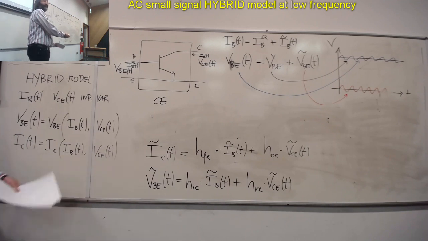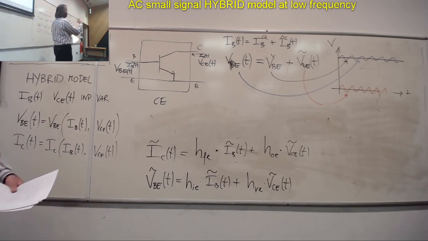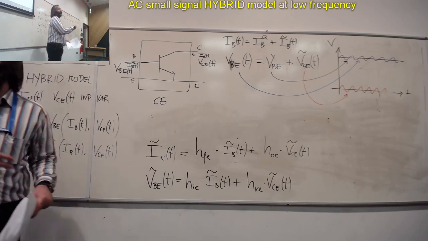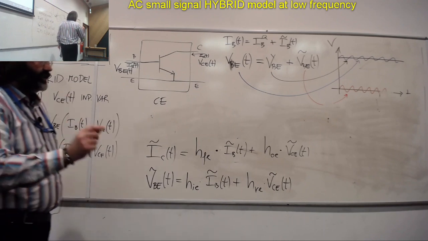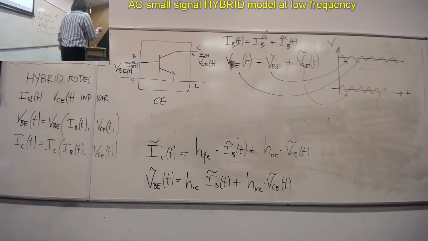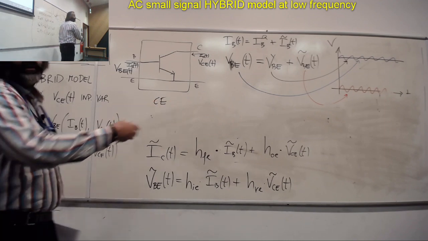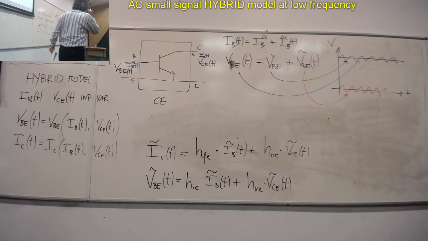A linear model for the analysis of my BJT circuit just for small AC signals, remember. And I should stress small. It's very important that they are small, because otherwise this Taylor expansion to the first order is not really valid. Do you understand that?